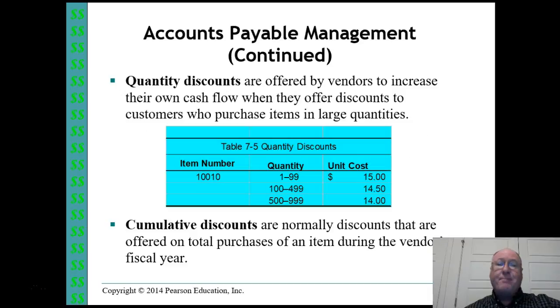Oh, I want to reference one more item, which has to do with quantity discounts. Quantity discounts are offered by vendors to entice you to purchase items in larger quantities. Again, this goes back to whether it really makes sense, based on how quickly you're able to use up what you are buying.